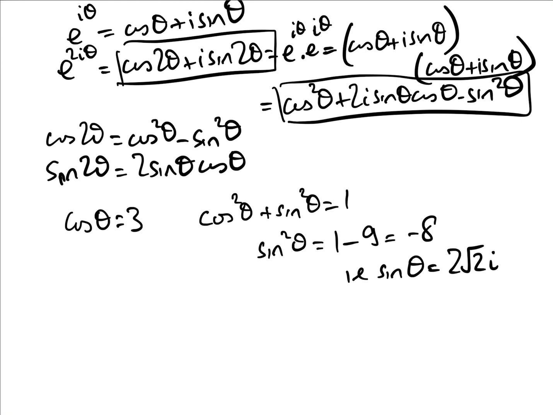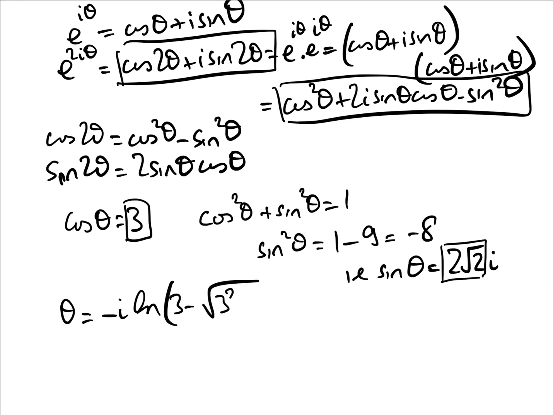So what we can do now is stick this value 3 into the formula for cos theta, and we get that theta equals minus i log 3 minus root 3 squared minus 1, which equals minus i log 3 minus 2 root 2.